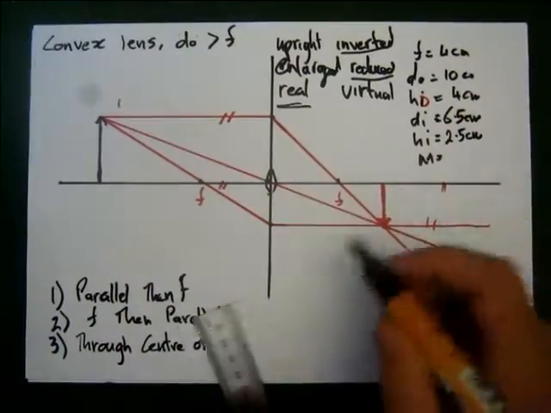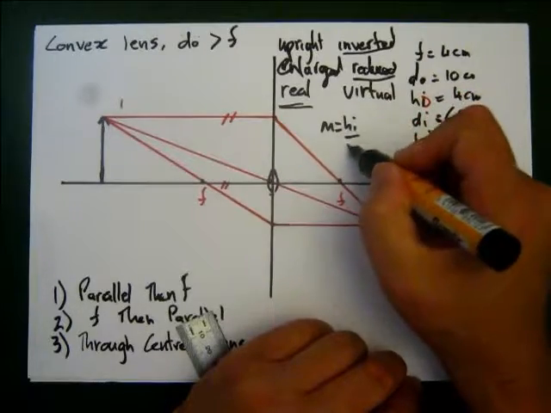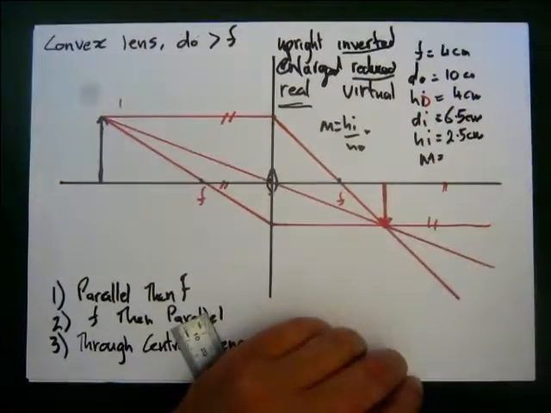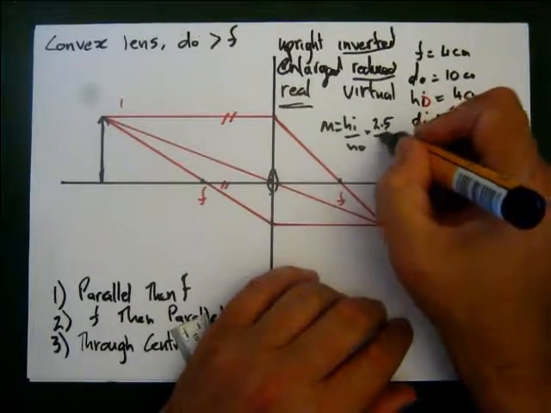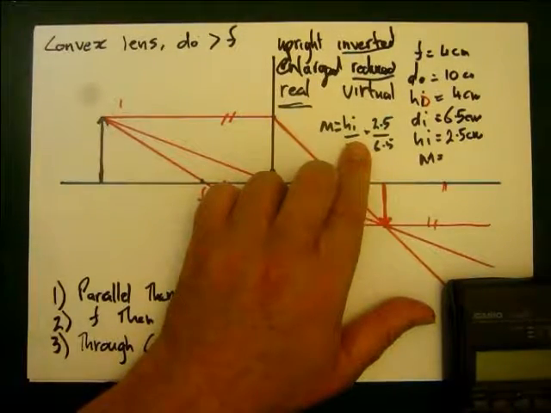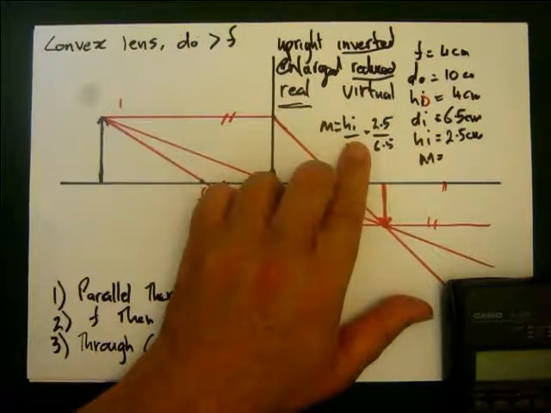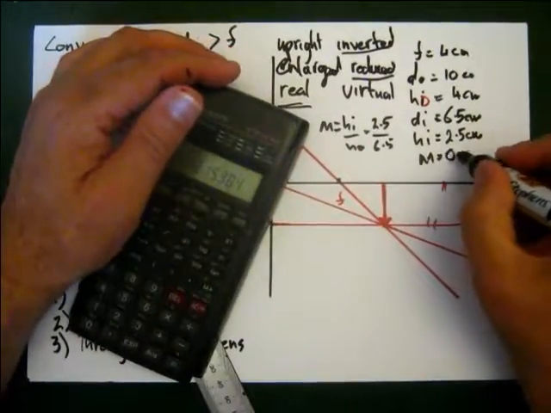And then M equals HI over HO, which is 2.5 over 6.5, 0.385.